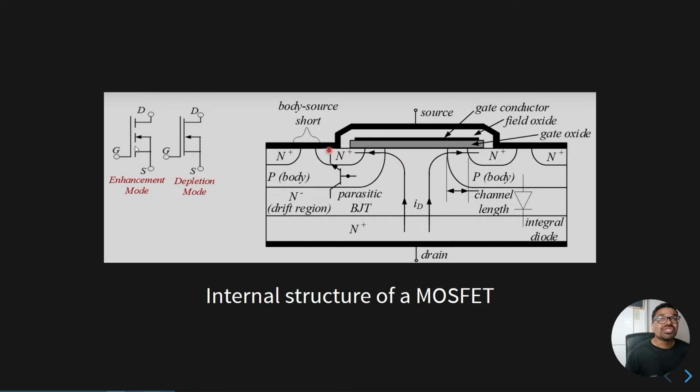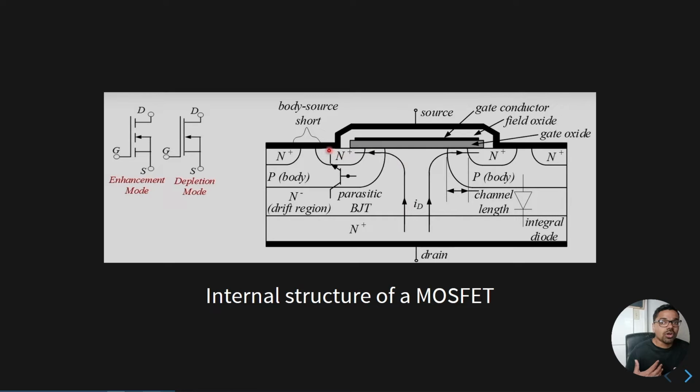There are two symbols for a MOSFET. One is the enhancement mode and one is the depletion mode. Most MOSFETs that you would be using for applications are enhancement mode MOSFETs. In a nutshell, in an enhancement mode MOSFET, the amount of current that can flow from drain to source is directly correlated with the amount of voltage applied at the gate terminal.